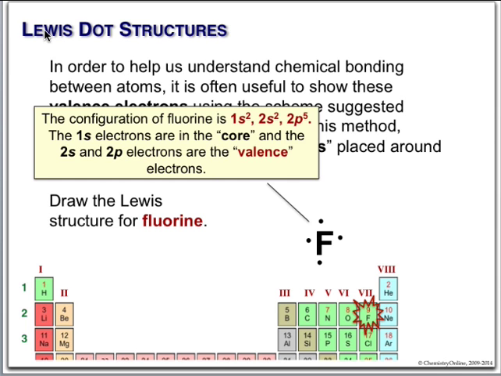Then we're going to put the remaining 3 so that we pair them up. Now, does it matter if I put my single electron here, here, or wherever? No. Doesn't matter at all. Lewis dot structures are just a nice, simple bookkeeping method for doing chemical bonds, ions, and things like that.